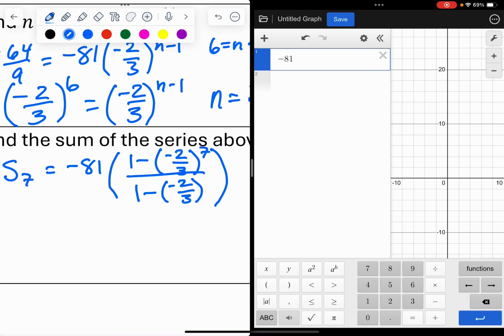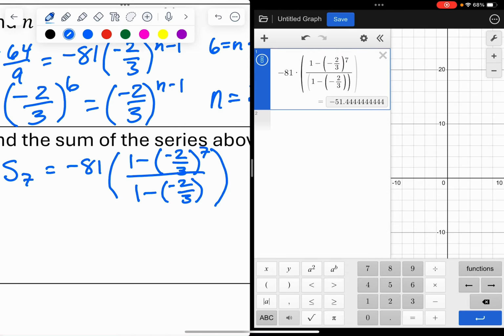Negative 81 times, let's make that fraction, 1 minus, and now, did I do that right? Let's use parentheses. We need a negative 2/3. Come out of that, close that parentheses, raise that to the 7th power, and that needs to be over 1 minus, in parentheses, a negative 2 over 3.